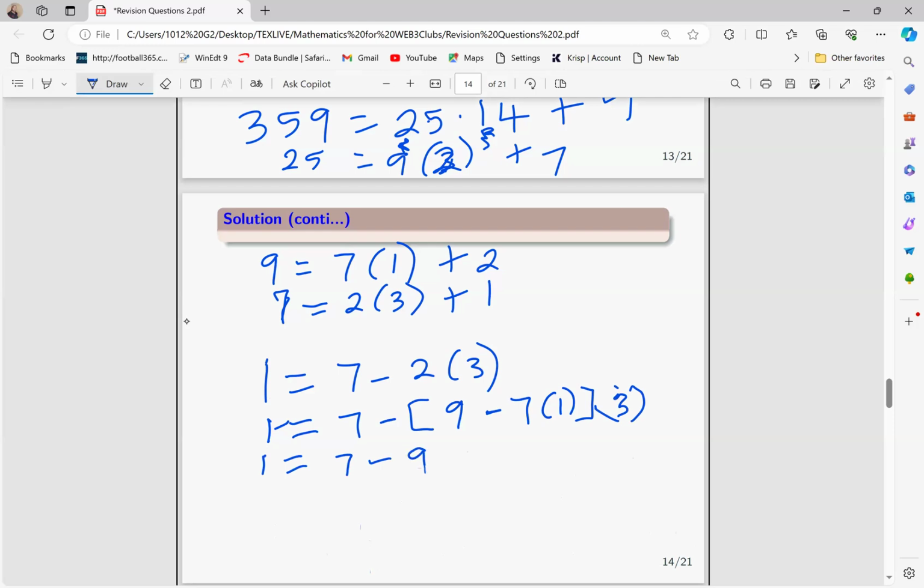Minus 9 times 3. So next is 7. So this is 7 plus 4 times minus 9 times 3.